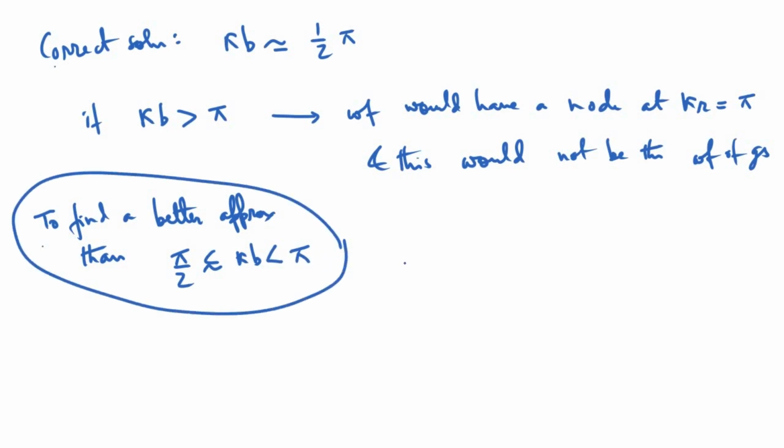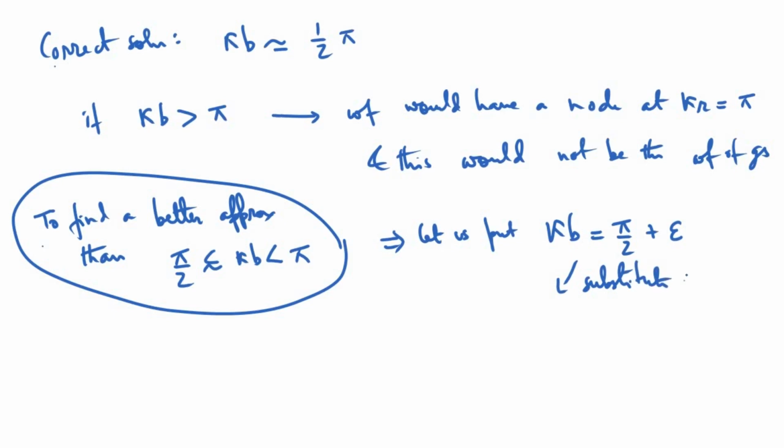Now to do this, let us put b is equal to pi by 2 plus epsilon, and then we will substitute this in this equation. Remember this one, the original relation minus alpha.